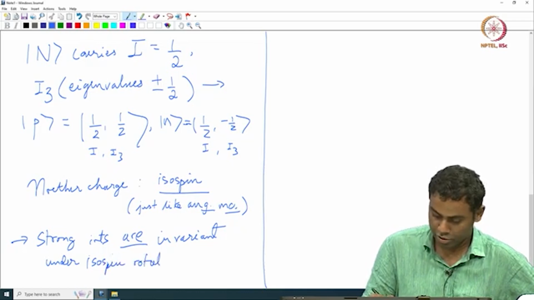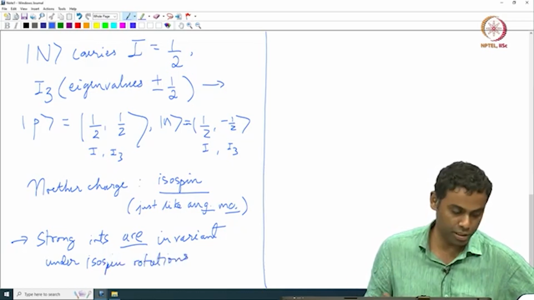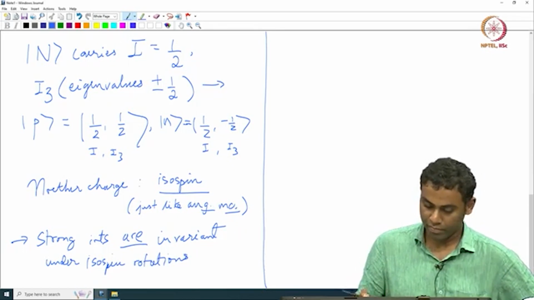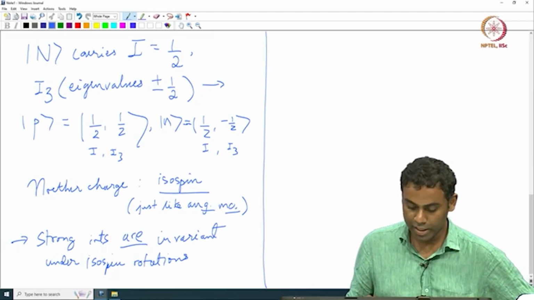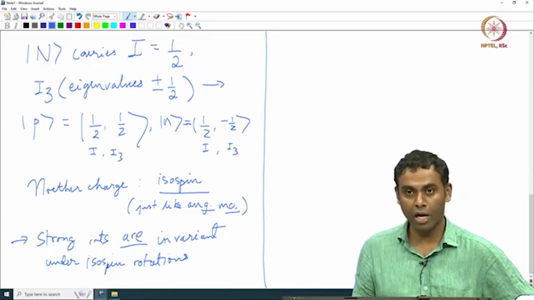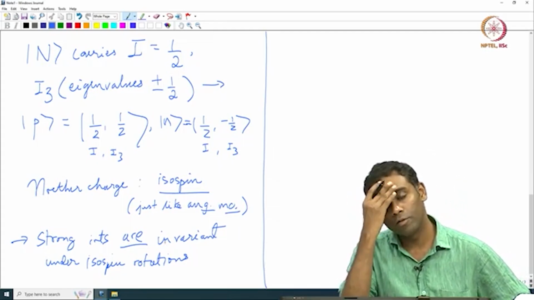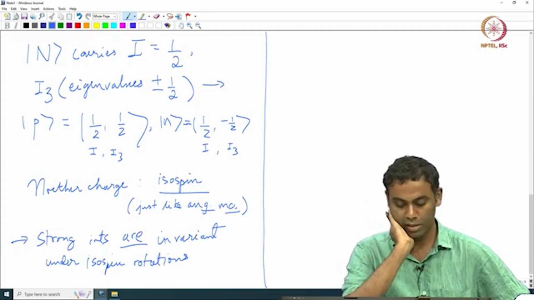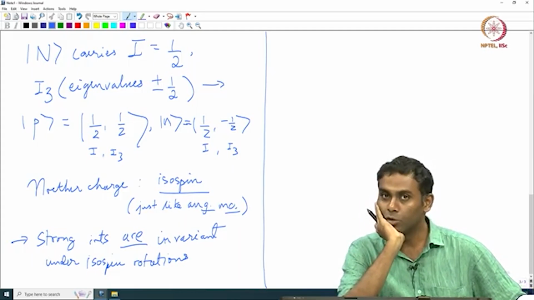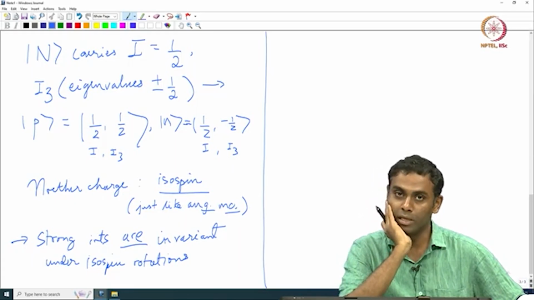It is not rotation in real space, it is rotations in isospin space. This was Heisenberg's assertion. He took this as a starting point, and from that he was able to derive a lot of interesting consequences. What if the strong interaction is invariant under rotations of these states in isospin space?